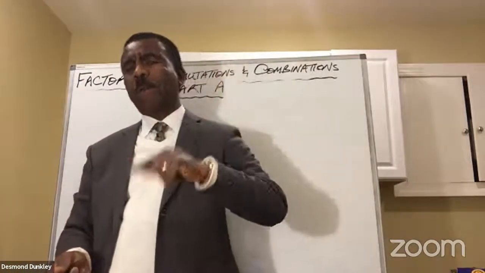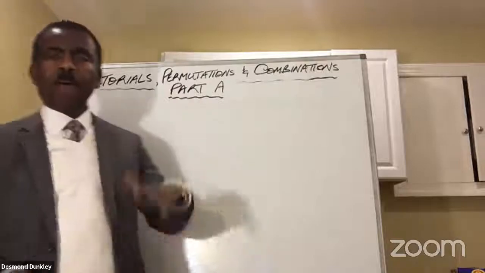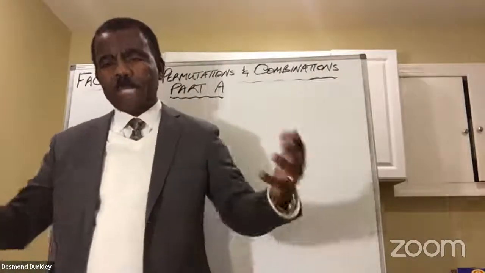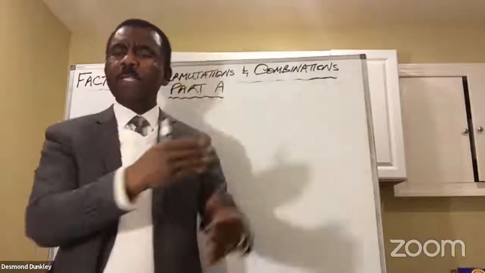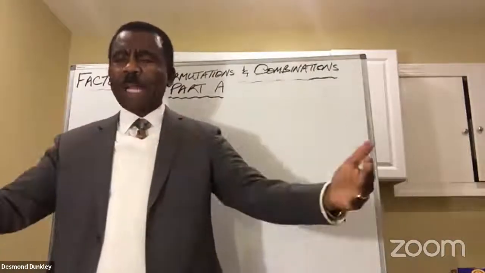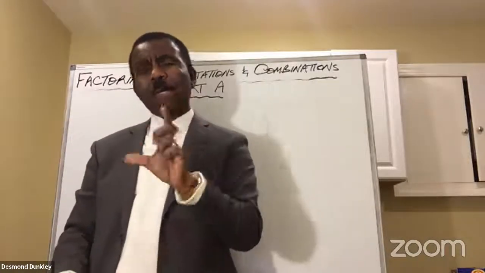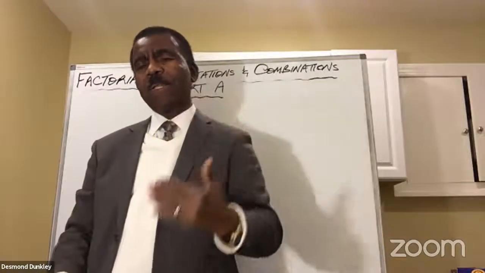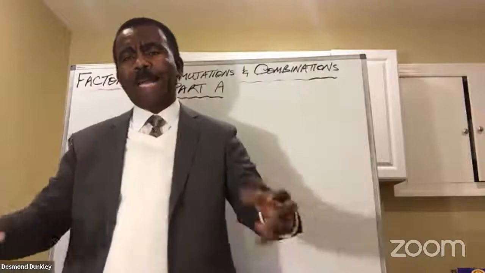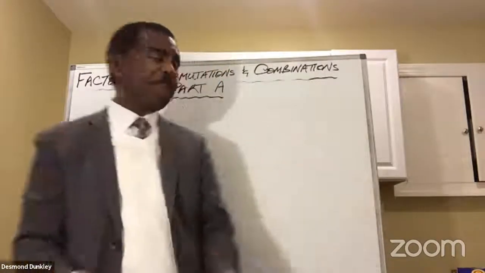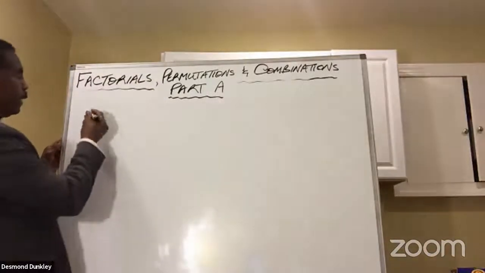And next session, part B, this is part A. Part B, I'm going to use different questions to see if we could determine whether to use permutation, combination, or just straight factorial, or just straight multiplication principle. So that's what we're going to do next session, to try and apply these principles along with the multiplication principle. So, combinations.